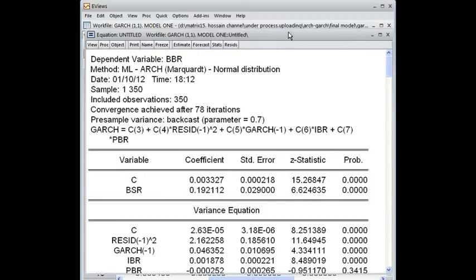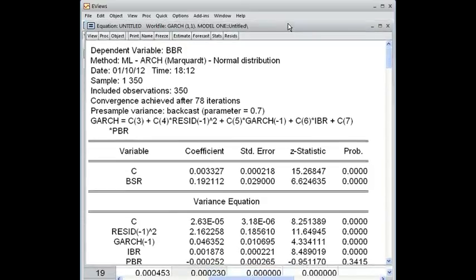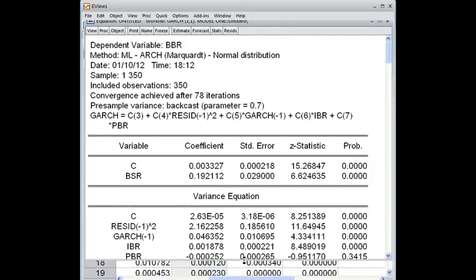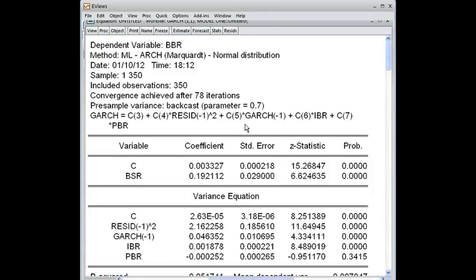Okay, this is our model estimation. You can see from here. Dependent variable BBR, and first we are using normal distribution, and you can see the first portion is the mean equation.